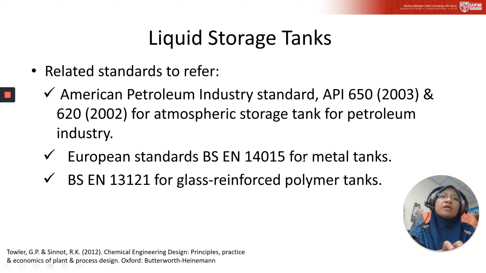You can also refer to the European Standard BS EN 14015 for metal tanks, while BS EN 13121 is for glass reinforced polymer tanks. So there are several standards you can refer to depending on the applications for liquid storage tanks.